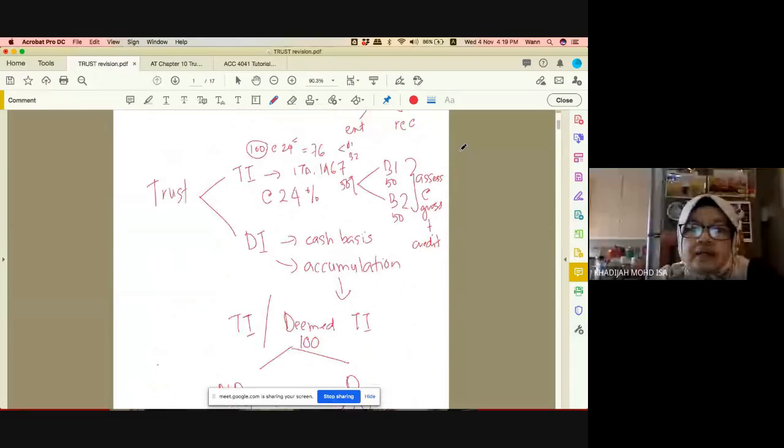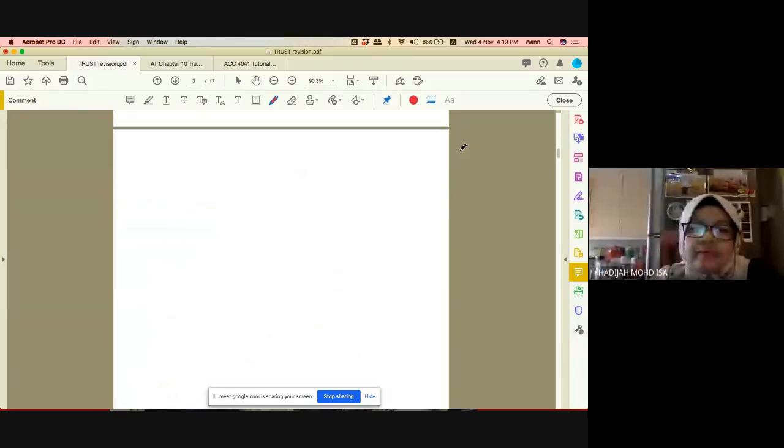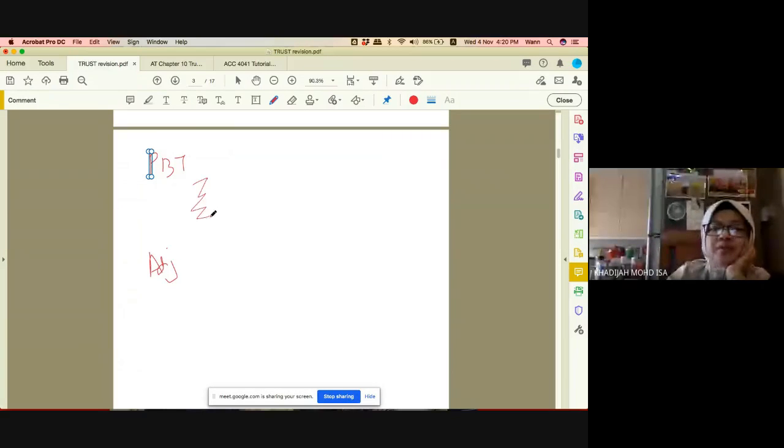Another problem with the trust is that the composition of trust is very straightforward, but the problem is for the student to determine, starting from profit before tax, then you come to your adjusted income. You are not sure because the story is very long in between.